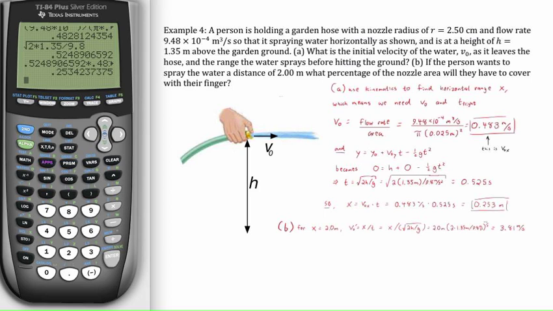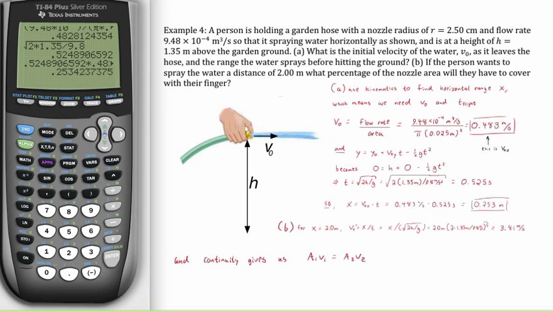Actually, maybe a better way to think about this is to go back to continuity. So let's consider the continuity equation. Continuity gives us A1 V1 equals A2 V2.